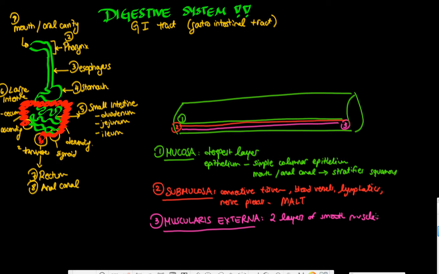Okay, and again, if you remember from histology, the smooth muscle in the digestive system is very important because the contraction and relaxation of this muscle is what allows the food to be propelled through the digestive system. So this is very important for the motility to propel food. And so this movement of contraction and relaxation to squeeze food through the GI tract, we call this peristalsis.